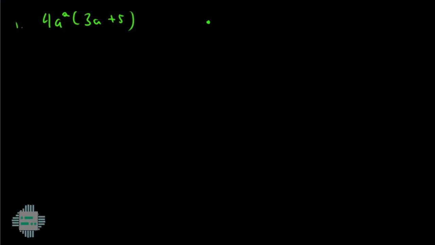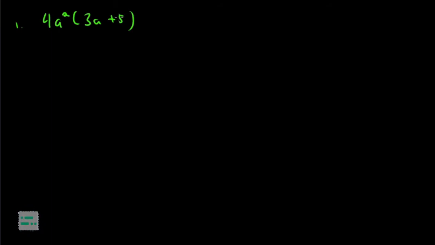So, basically, sa number 1, given natin ay 4a squared multiplied dito sa nasa loob ng parenthesis, 3a plus 5. Ibig sabihin niyan, si 4a squared dapat mong i-multiply hindi lang sa 3a, kundi pati sa positive 5.